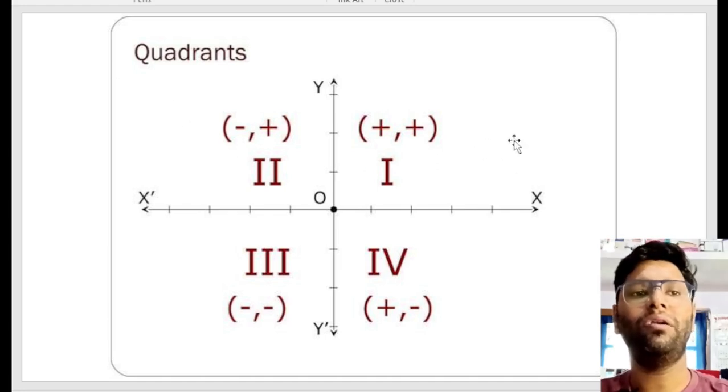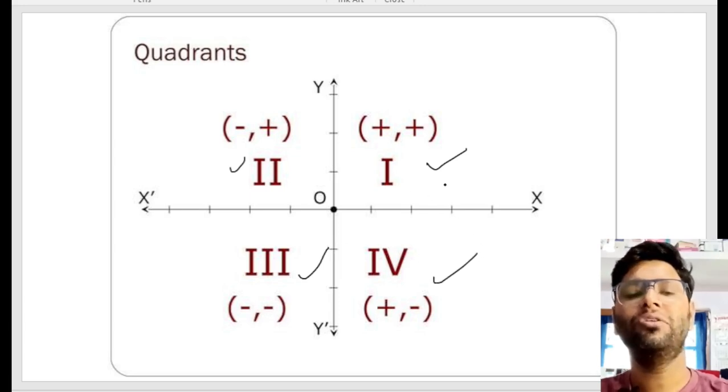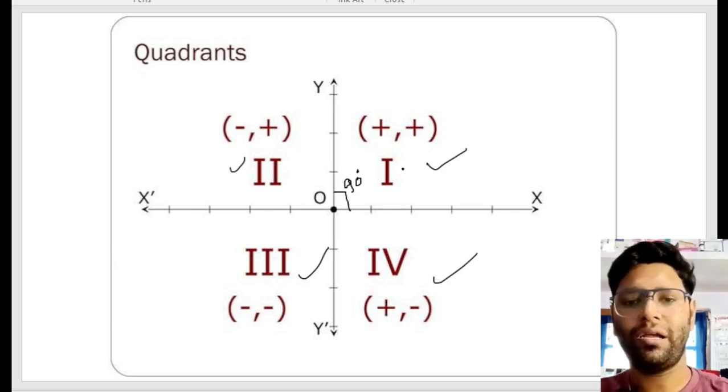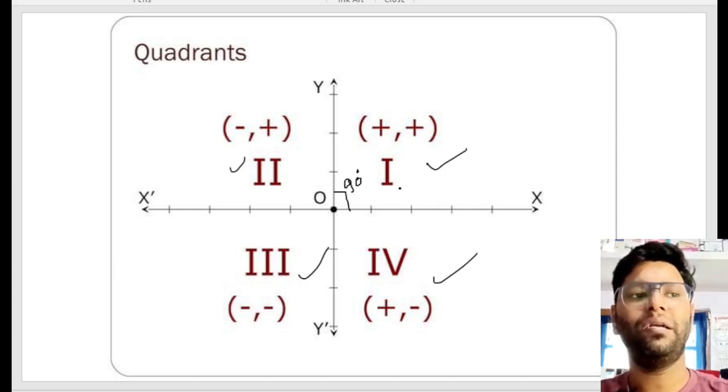Whenever we draw a plane, it is actually divided into 4 equal parts when we draw the x and y axes. These are called quadrants. Remember this. Why quadrant? Because here the lines make an angle of 90 degrees between themselves, and so there are 4 parts, right? Similarly, they are first, second, third and fourth.